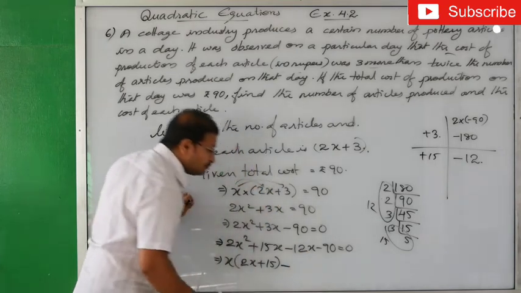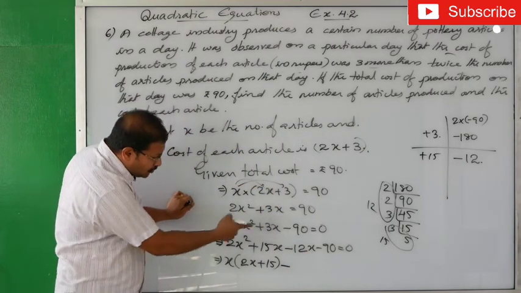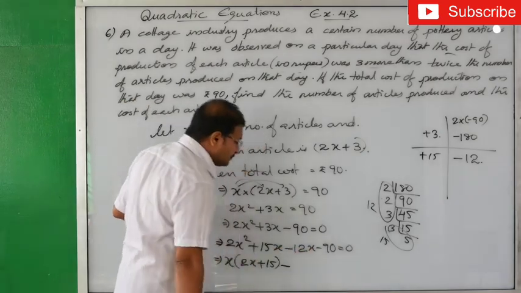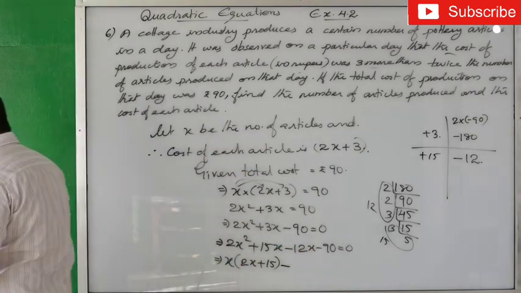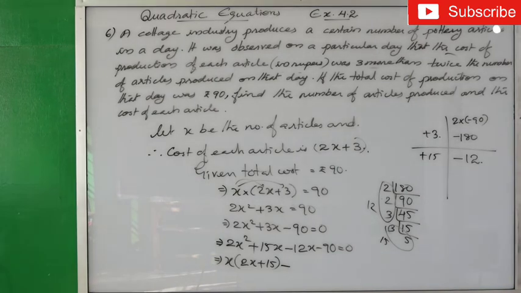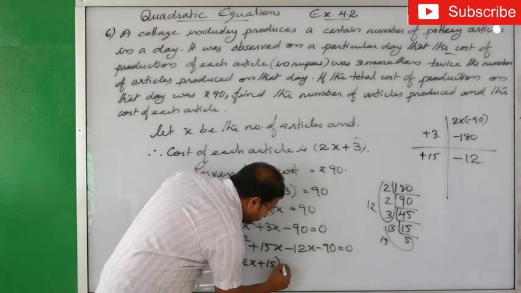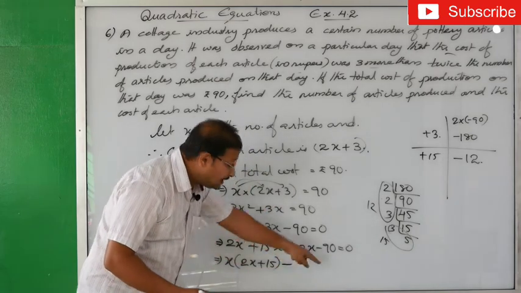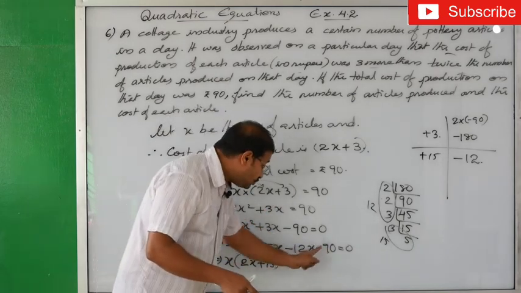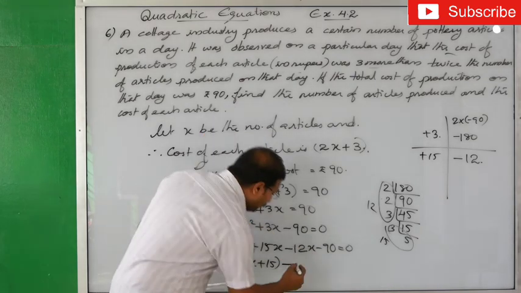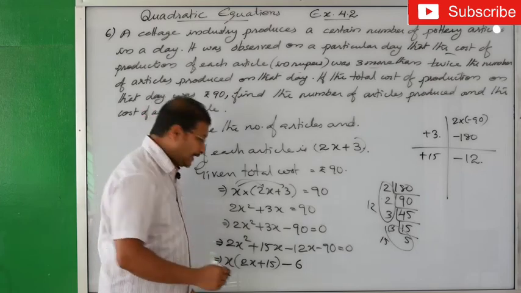Minus, from these two, what can you take common? 12? We can't take 12 because 12 won't divide 90. So we can go for 6. Ready?